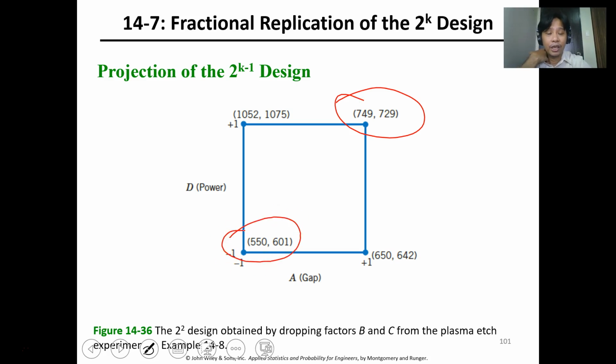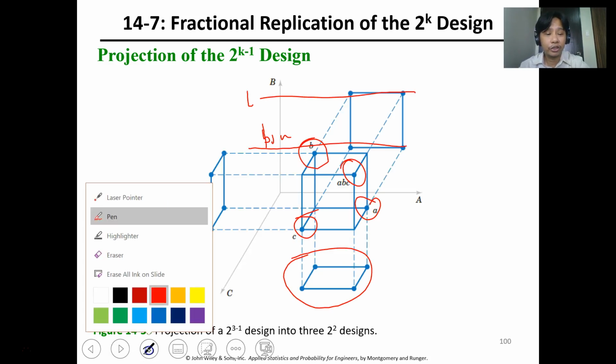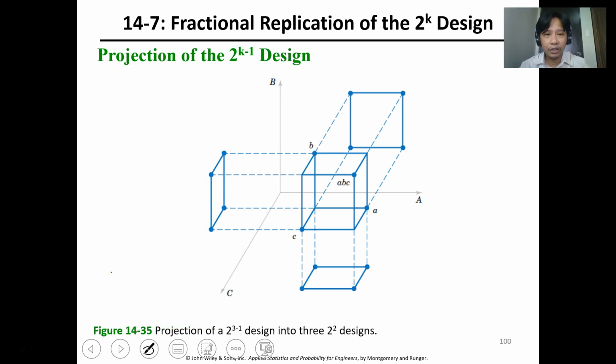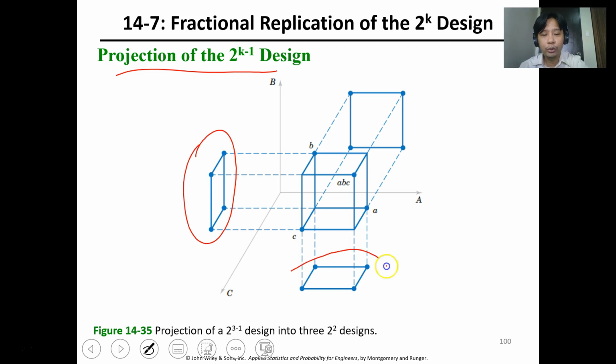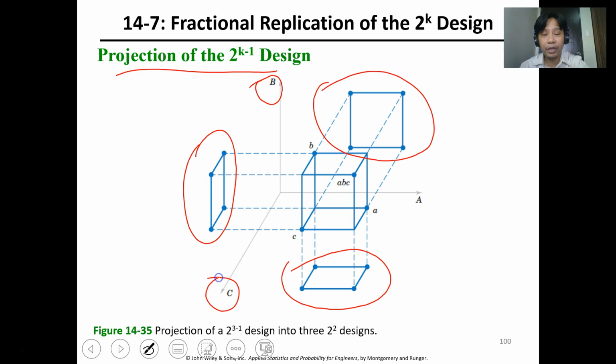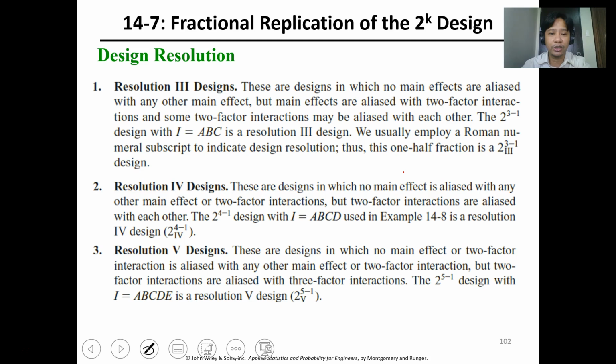For your A and D power. So, meaning, by doing projection replication or fractional replication by projection, you can reduce the number of experiments and assess the behavior between two factors.